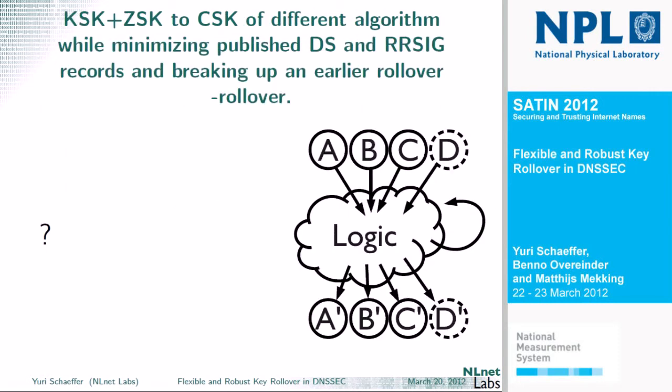Let's make it a little bit more interesting. Let's say we have two keys. We have a KSK and a ZSK. We want to roll it to a combined key. Oh yeah, and we also want to change the algorithm on the way, minimize the number of DS records published at the parent, minimize the signatures, and oh yeah, we're in the middle of another rollover and we're breaking that up.